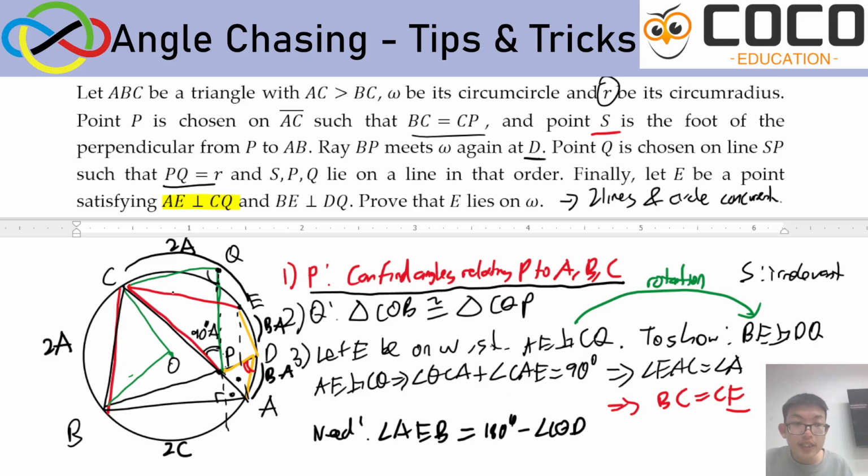And of course AEB is just angle C. This angle AEB is the angles, this is 2C, ACB is C, this is C, and so I just need CQD to be 180 minus C.